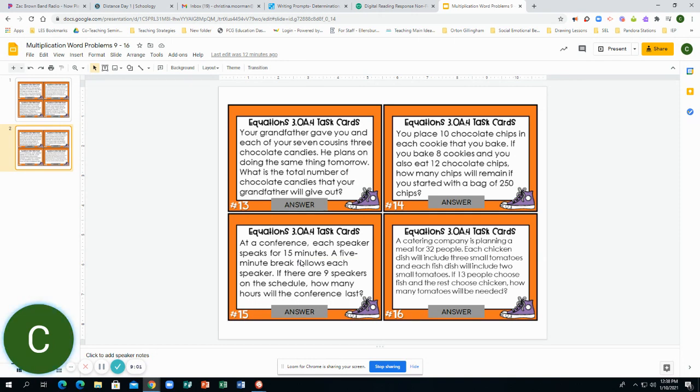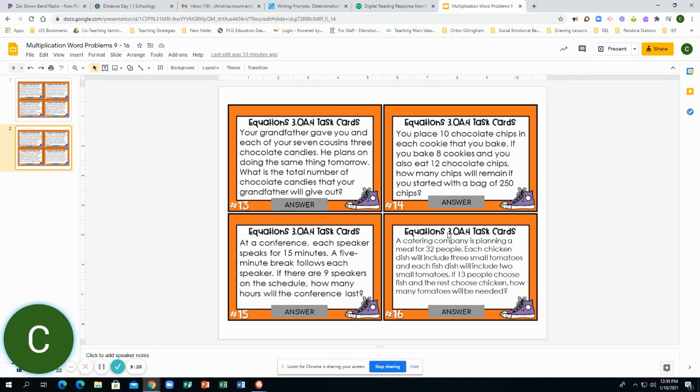So how many times do you have to add 60 in order to get to 180? Let's find out. 60 plus 60, what does that equal? 120, you got it. And another 60, what does that equal? 180. So 3, right? 3 hours is how long that conference will last.